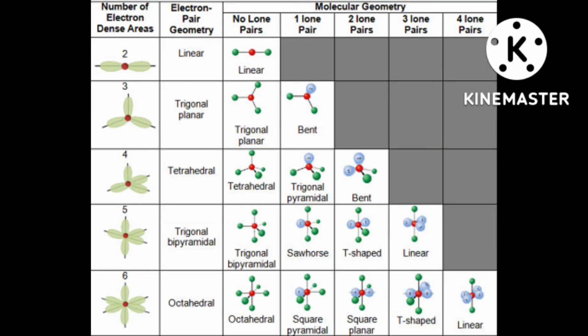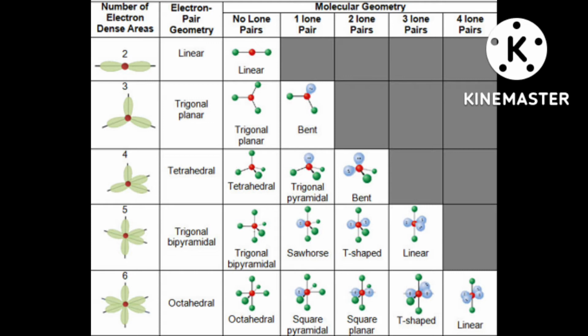Hence, they will make more distance in space because of more repulsion due to lone pair and bond pair. Okay, that's why in space they will make a little more distance in comparison to bond pair. Okay, then you should understand this point. Lone pairs are localized on the central atom.